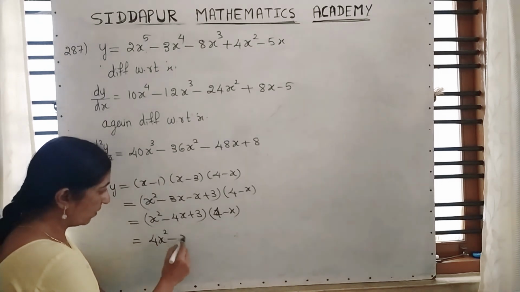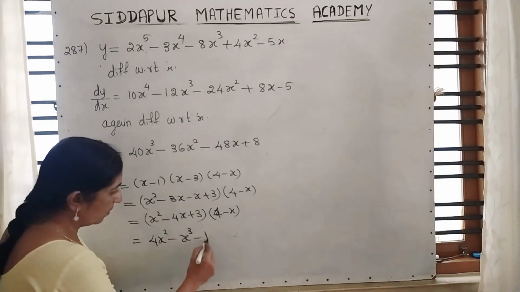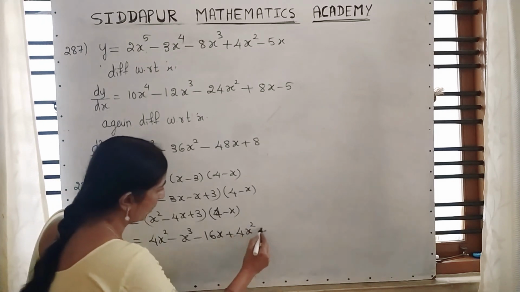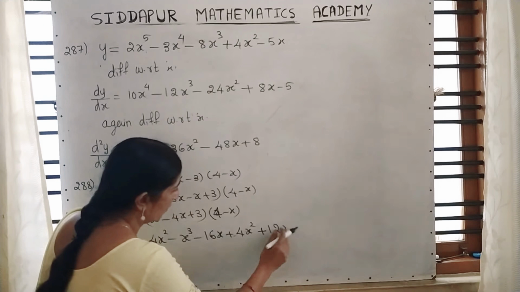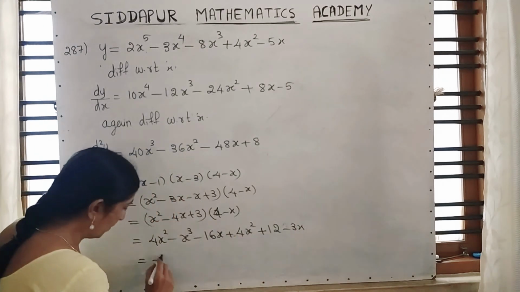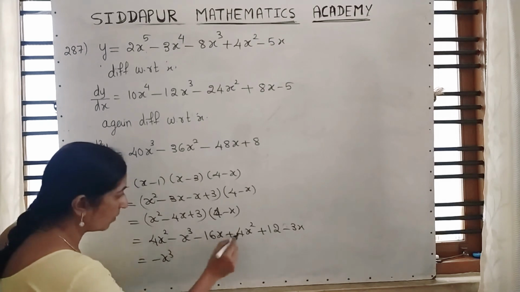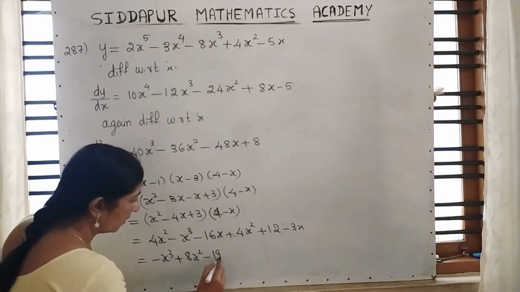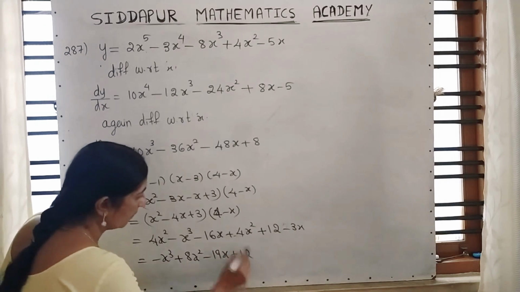4x square minus x cube minus 16x plus 4x square plus 12 minus 3x. Now it is minus x cube plus 4x square is 8x square minus 19x plus 12.